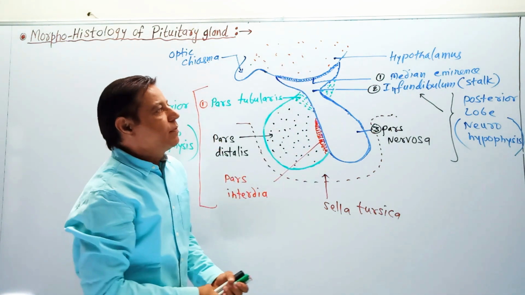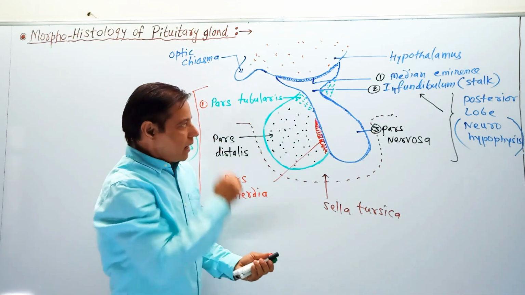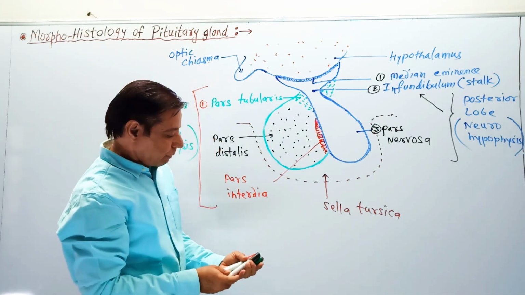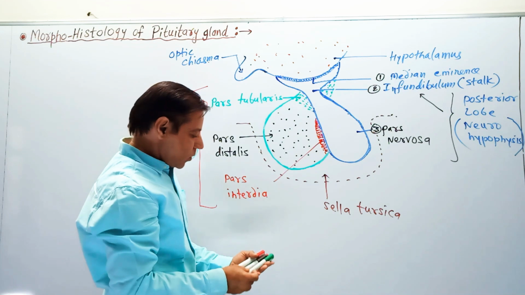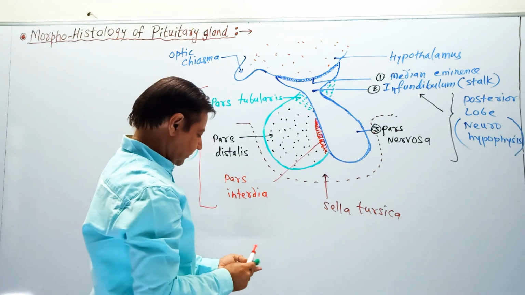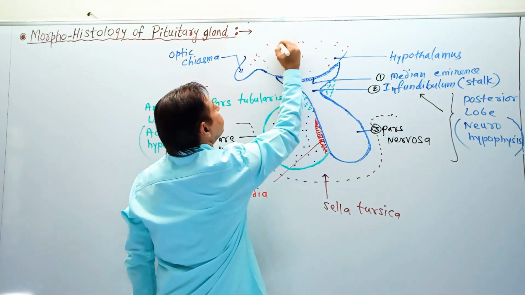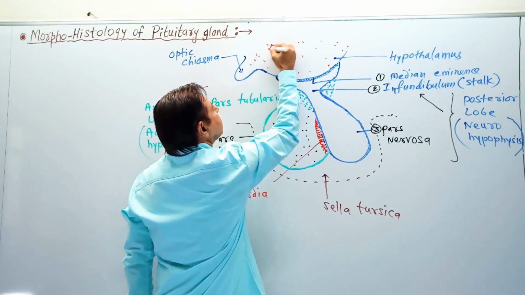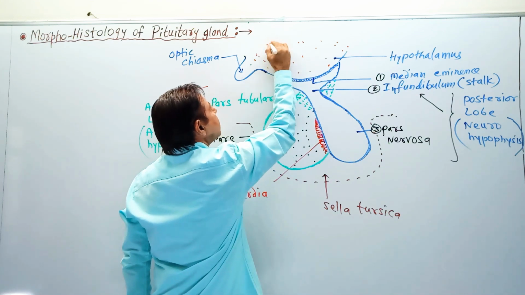some aspects of the hypothalamus. The hypothalamus has neurosecretory cells. Suppose this one is a neurosecretory cell.